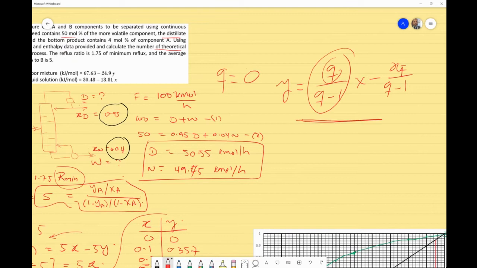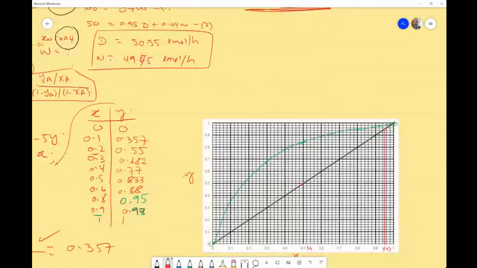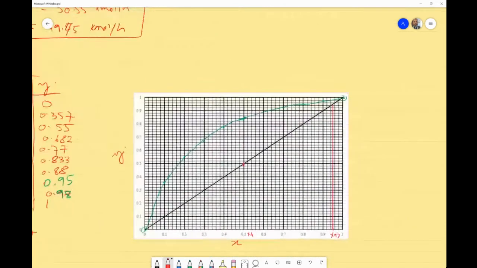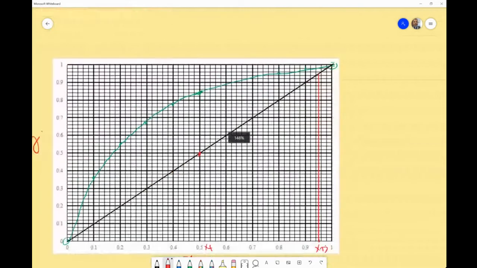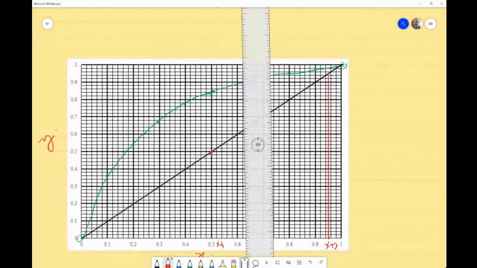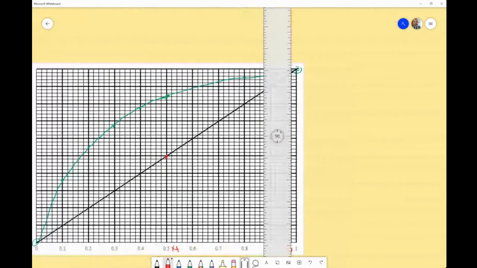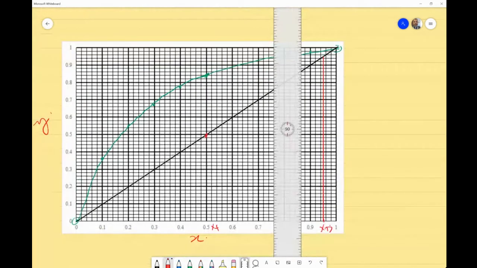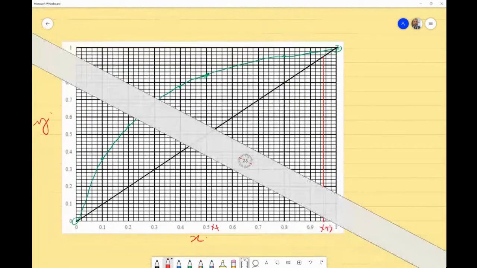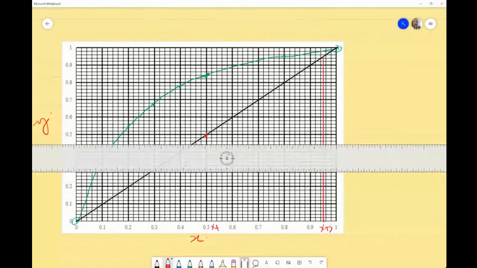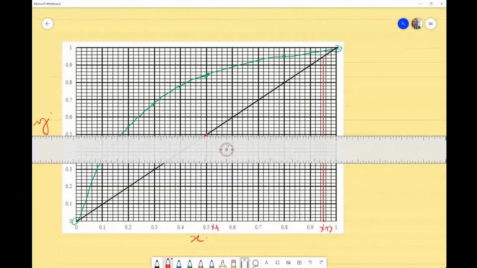That means it's going to be horizontal. So all I have to do is just draw a horizontal line here. Okay, so I take this ruler, flip it around, sorry, I'm new to this technology, I'll try my best. Yeah, I got here. That's it, that's my line here.